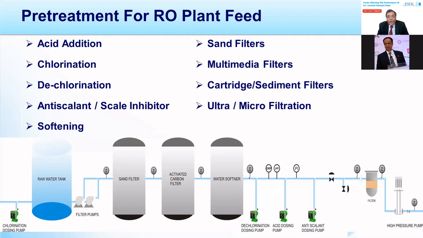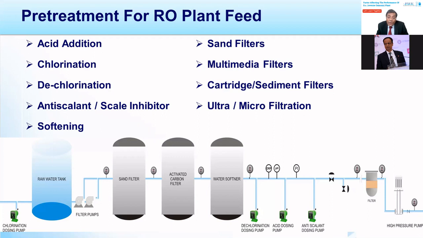Then we have the sand filters, multimedia filter, cartridge filter, and ultra or microfiltration membranes, which we can use. This is a typical pre-treatment scheme in which all the required equipment has been installed, but that depends on your feed water quality.